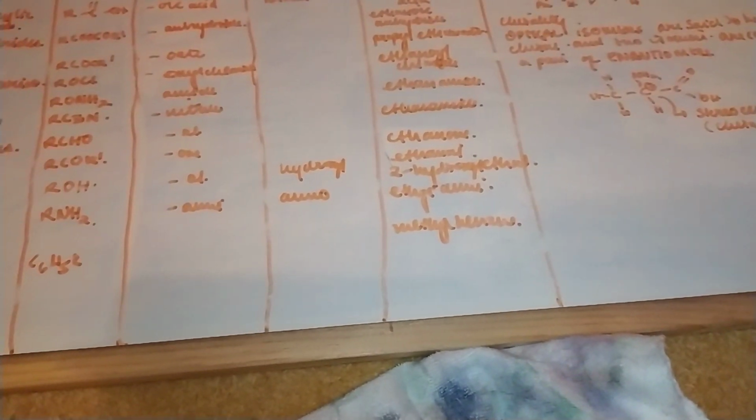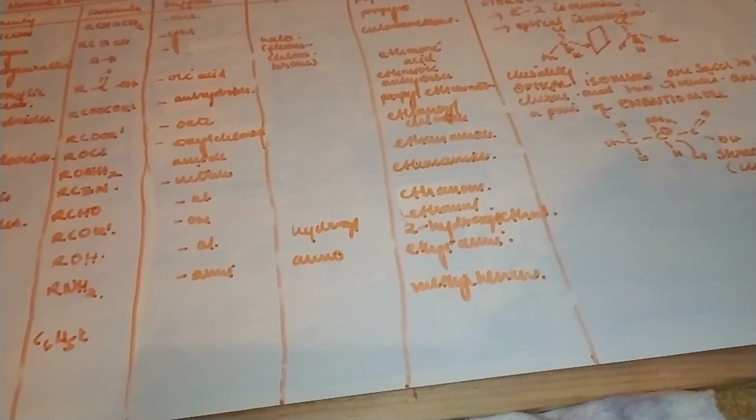Then we see the ketones, giving an example of the suffix "one" for ethanone. Talking about our alcohols, the "ol" suffix, or the hydroxy prefix. For example, I can say 2-hydroxyethanol and ethane-1,2-diol.